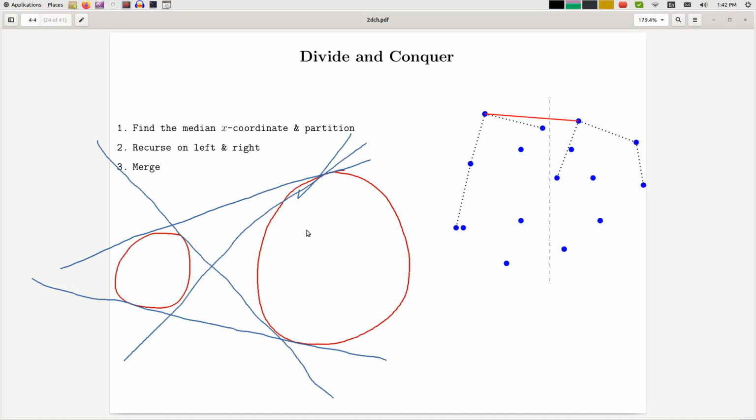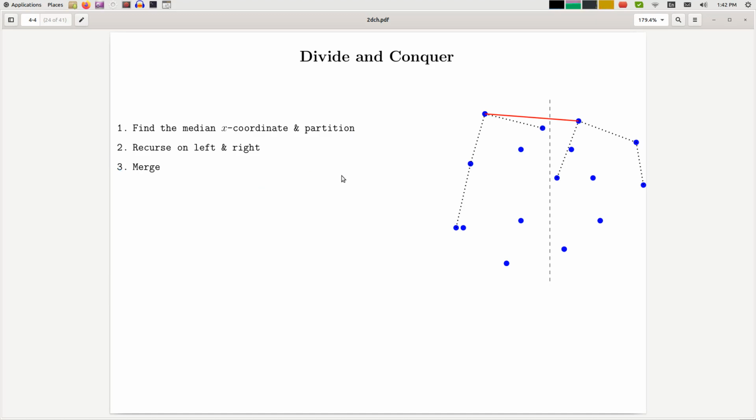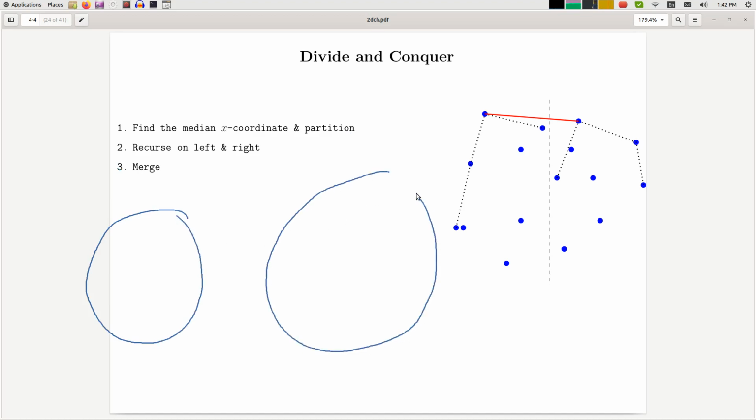And what we're looking for here is the upper common tangent between the two convex hulls. Let me draw it again. If I have two upper hulls, or two convex hulls, and I want to merge them, I look at the upper common tangent, and then the merging of these two convex hulls can be easily done by just cutting off the convex objects at the tangency points.